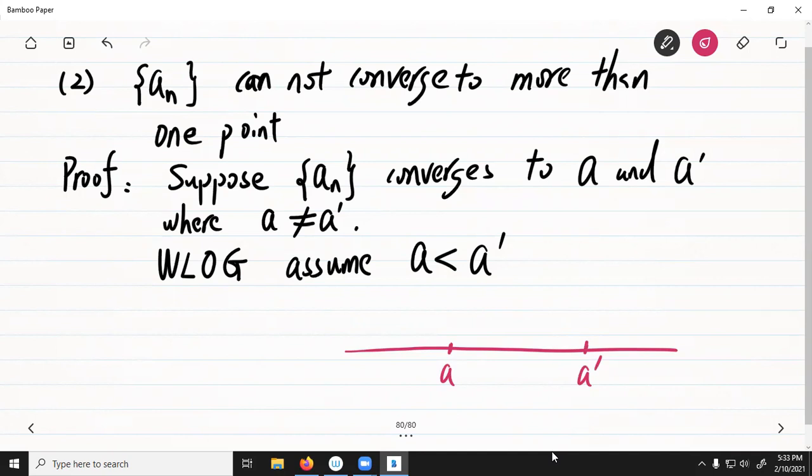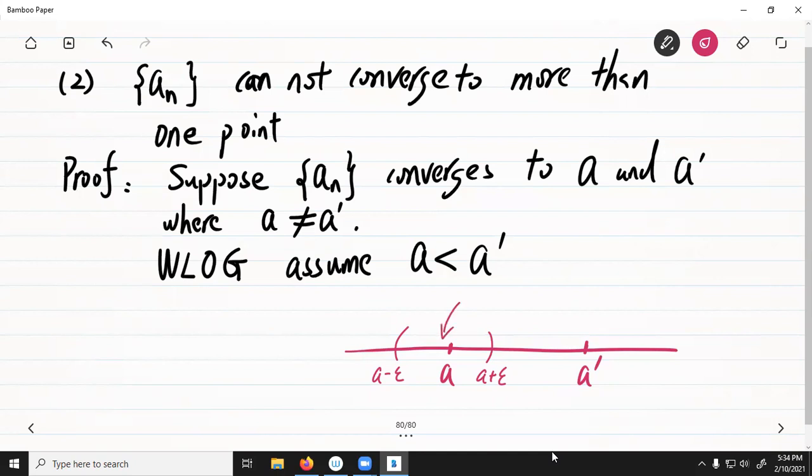So if a sequence a_n converges to A, that means you can choose some epsilon, for any epsilon, right? It would be A minus epsilon, A plus epsilon. There is a capital N. After capital N, all the terms would be inside this interval.